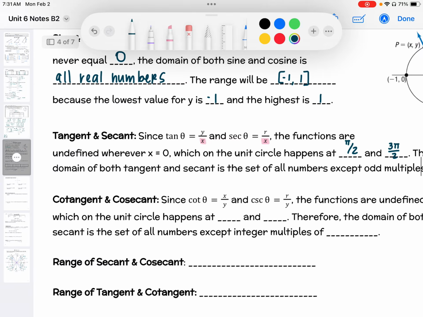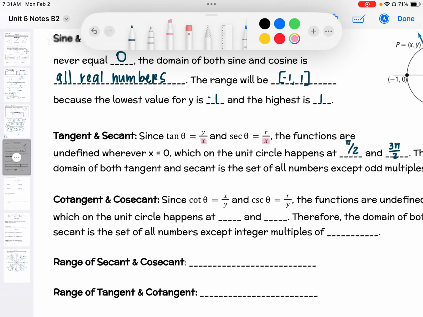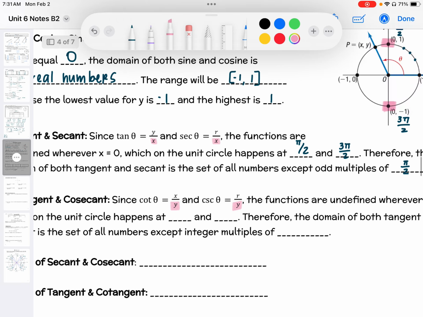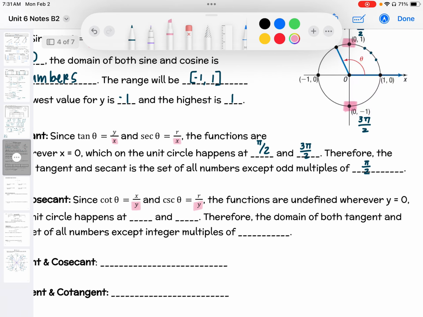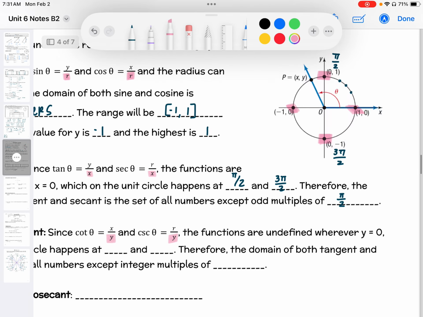So then for cotangent and cosecant, since we have y in the denominator, we're going to take that same thinking, and anywhere that we have y equal to 0 on the unit circle, those values are going to be undefined. So at this first spot, that's 0, or we can call it 2 pi. Over here, this is pi.